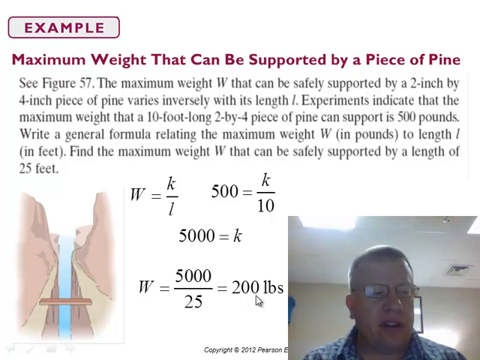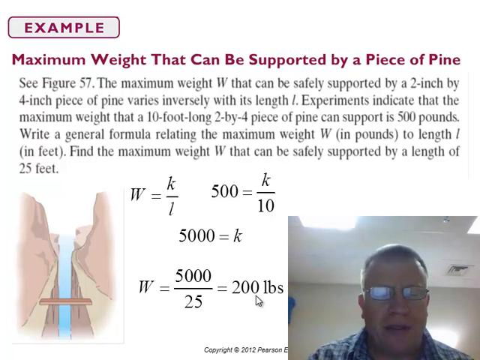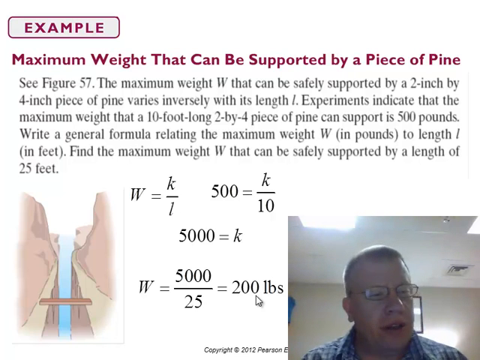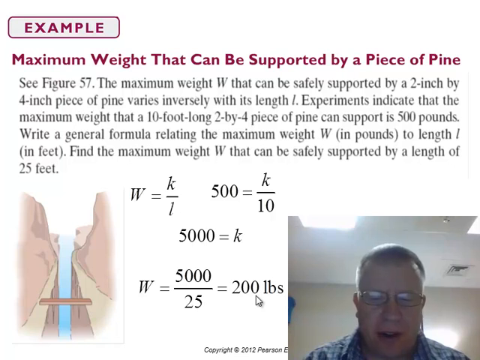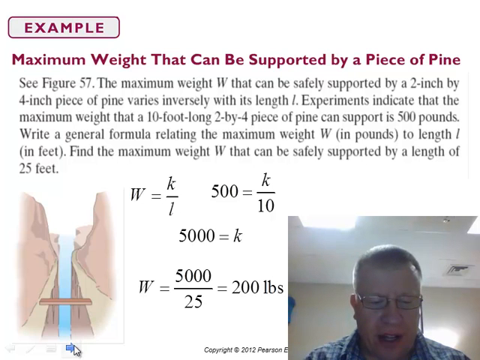So the answer to this question is, it depends. It depends on how much you weigh. If you weigh over 200 pounds, then it's not going to support you. If you're under 200 pounds, then it will support you. Now, will it support you if you're exactly 200 pounds? Well, theoretically, yes.